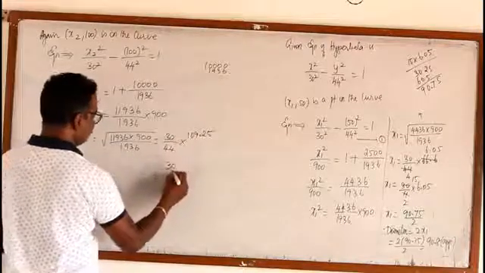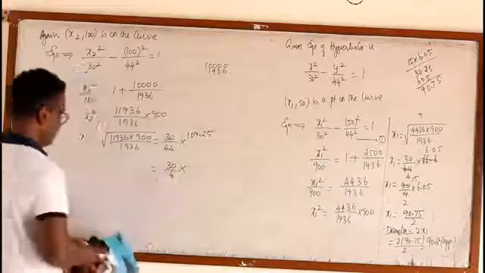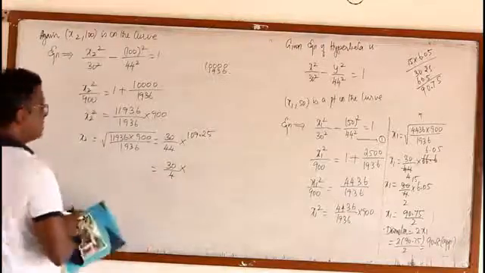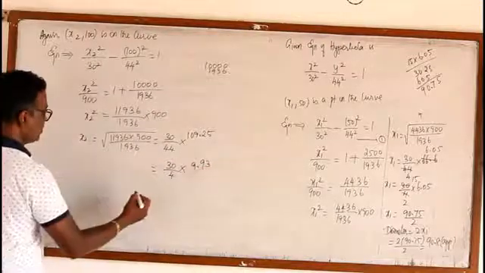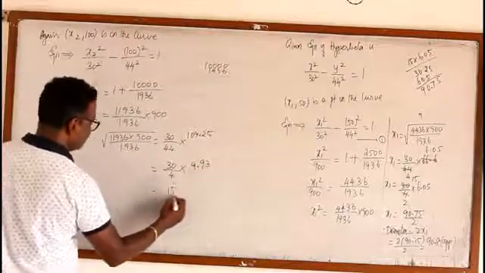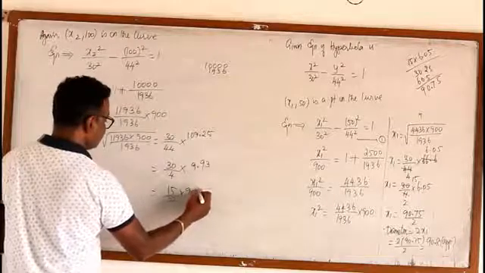Let me divide the same thing by 11. So it is 30 by 4. If I divide this by 11, then it is 9.93 approximately. So if I divide by 2, it is 15 by 2 into 9.93.